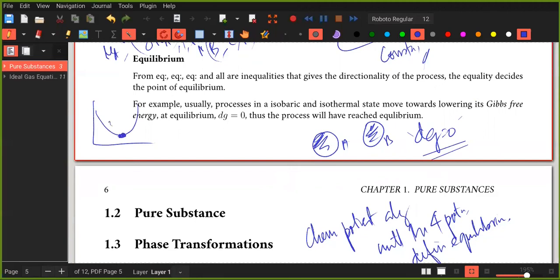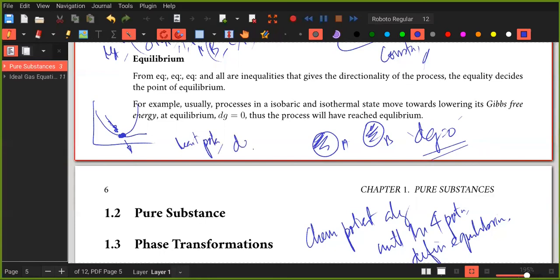At the equilibrium point, the system can't go anywhere down. It has the least amount of potential that we have computed. So whichever direction we approach from, or whichever direction the process is going to happen, it has the least potential.